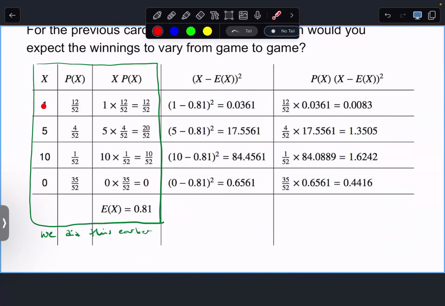And so we have 1 minus the expected payout of 81 cents, and then we square it. So a squared deviation of 0.0361. Then we have 5. We subtract the expected payout, square it, and find 17.5561. Do the same thing for each of the remainders. Keeping 0, right?